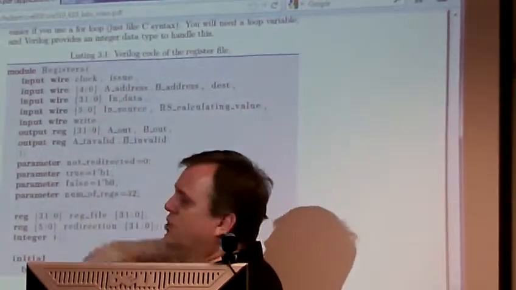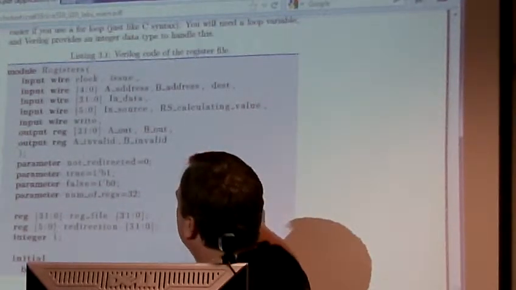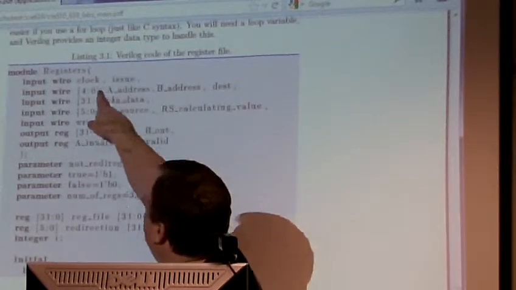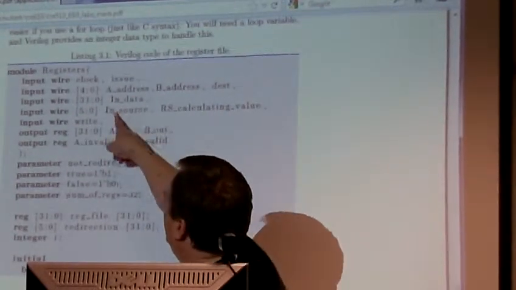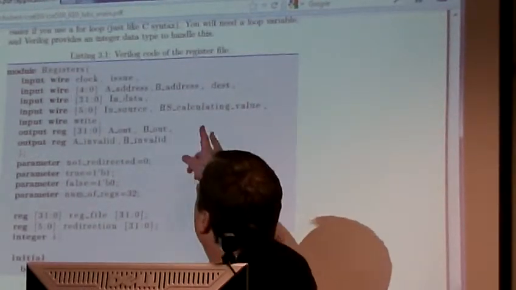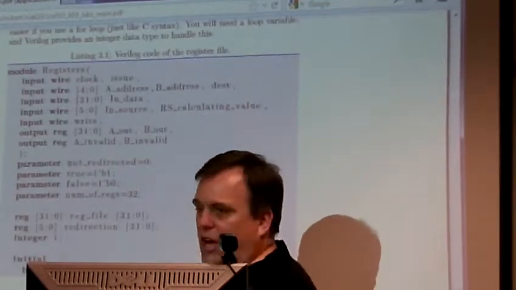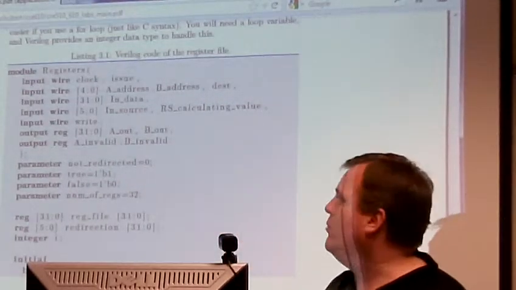The clock and the issue command, that's all test fixture stuff. So all these up here are from the test fixture. But the data, source, and write are going to be coming from the common data bus. RS calculating is coming from the available reservation station from your adders.